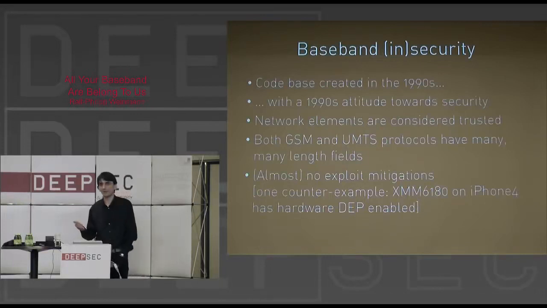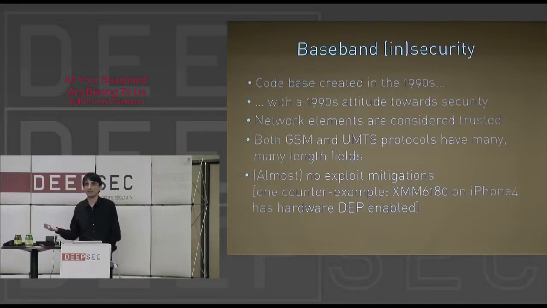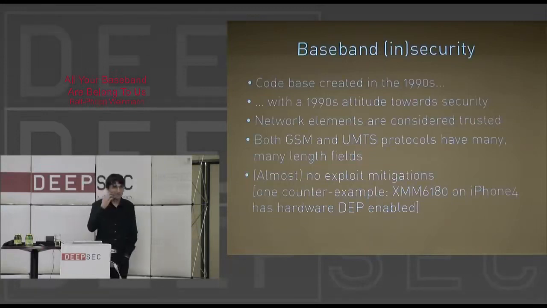There are fundamental flaws in how people treat inputs that come in over the air interface, because it's trusted, right? I mean, if somebody has a base transceiver station, he must have had a lot of money, and hence we should trust him.